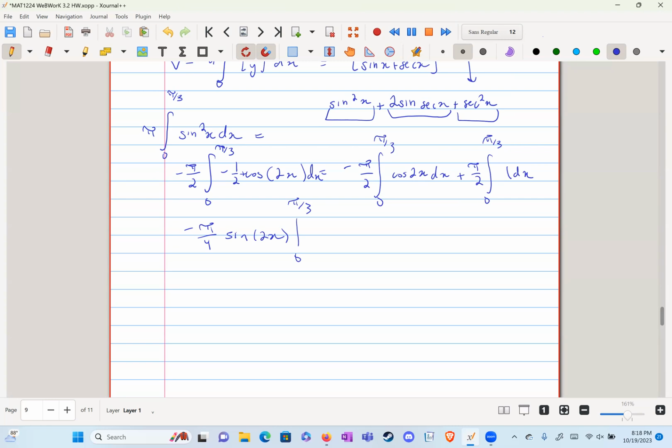The integral of 1 is x, and that's pi over 3 minus 0, which is just pi over 2 times pi over 3, which is pi squared over 6.